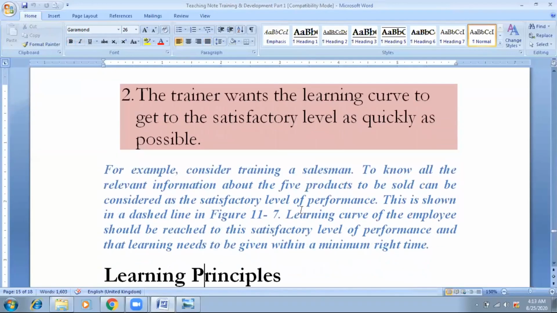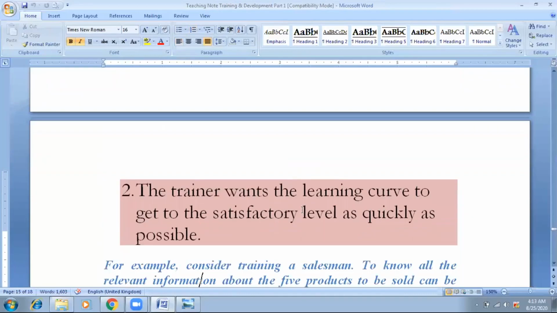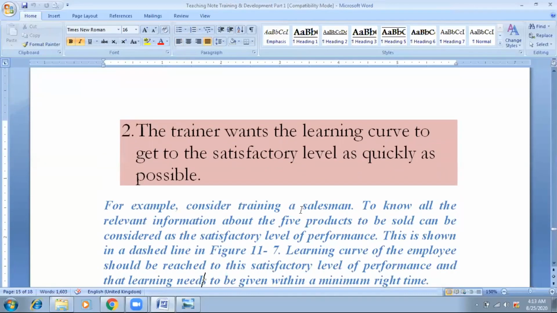For example, consider a salesman who is supposed to sell 5 products. Then the salesman is supposed to know the relevant information about the 5 products.